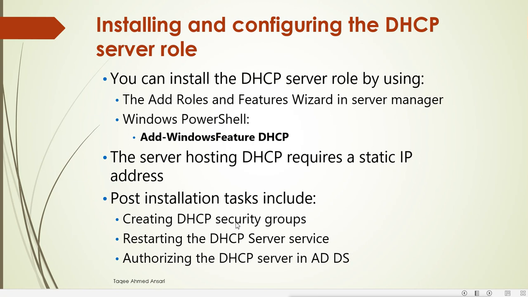They cannot make any changes. For changes, they can inform the DHCP admin group. The administrator account can do everything, but we have to create these groups. This is the post-installation task.